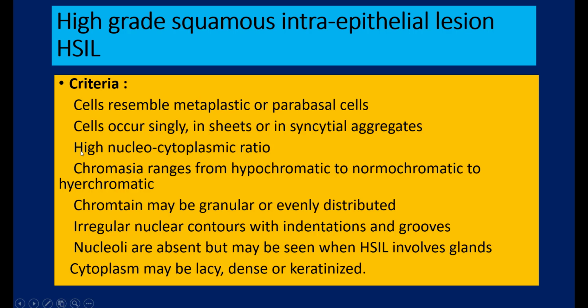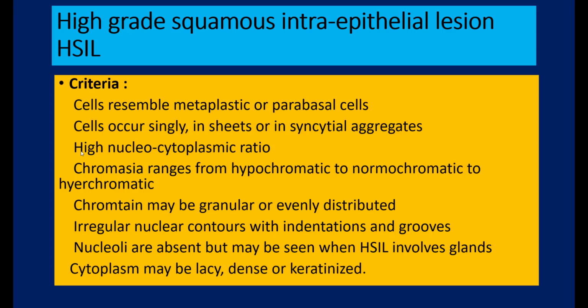They have a high nucleocytoplasmic ratio, but that ratio can be extremely high with an almost imperceptible amount of cytoplasm, whereas in certain cases we see a little bit more cytoplasm, and as a result the cells may resemble severe dyskaryosis, or so-called CIN III, when the amount of cytoplasm is extremely scanty, or moderate dyskaryosis, CIN2, where you see a little bit more cytoplasm.